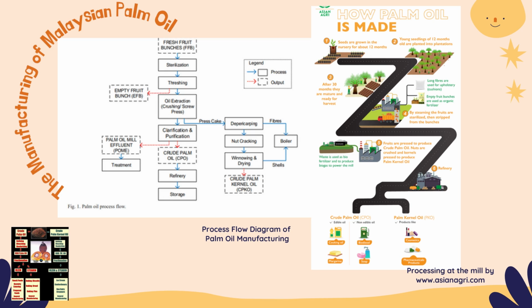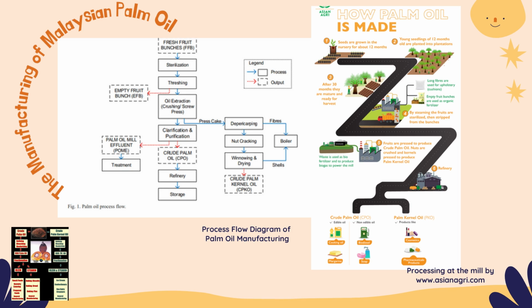So the next slide is about the processing of Malaysian palm oil at the mill. In the plantations, the trees are watered and treated with fertilizer as needed while they grow.